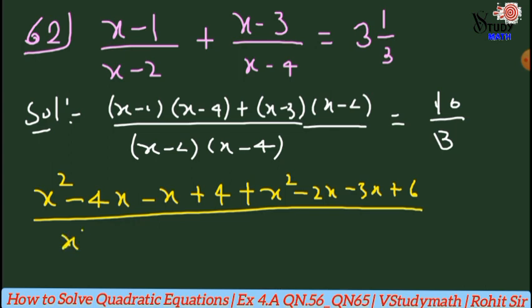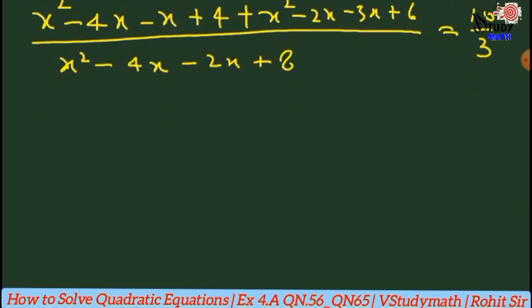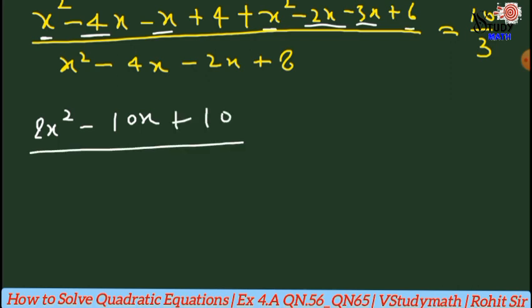Negative 4x negative x and negative 2x negative 3x is negative 5x and negative 5x, that is negative 10x. 4 plus 6 is equal to 10, upon x square negative 6x positive 8 is equal to 10 by 3.